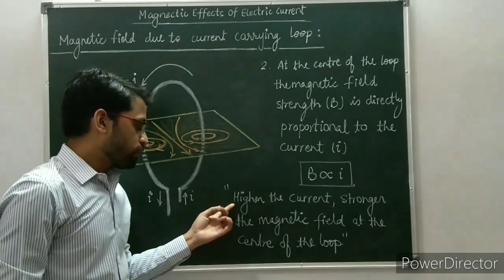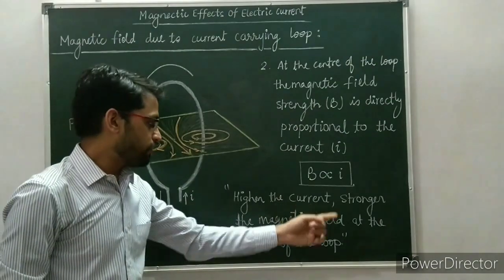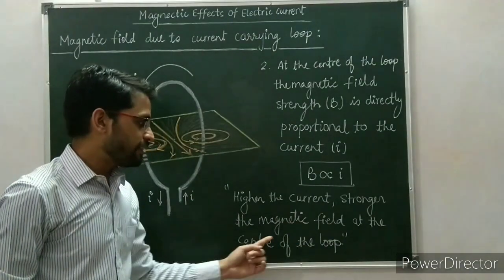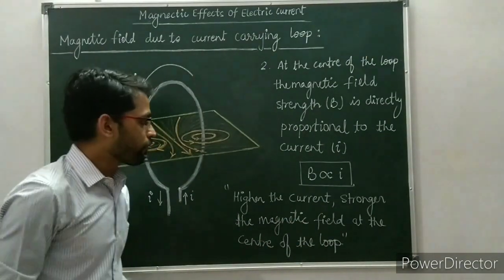We can also write, higher the current, stronger the magnetic field at the center of the loop. Note it down.